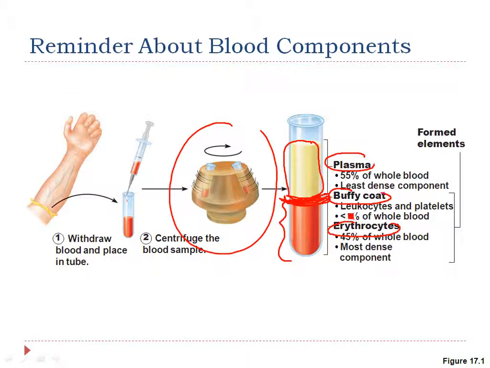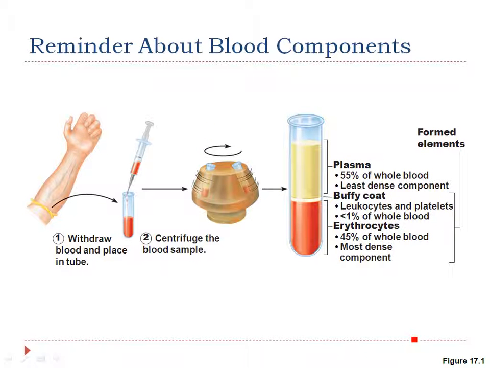That contains your leukocytes and also your platelets. And if you notice here on this diagram, the leukocytes, your white blood cells, and your platelets only make up about 1% of the components of whole blood. So they're not a huge component of your bloodstream, but they play very, very important roles.